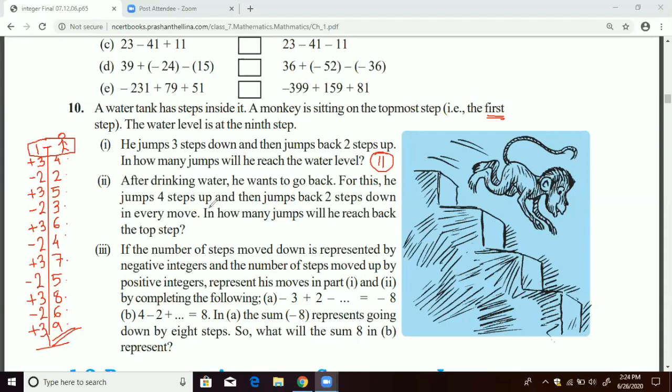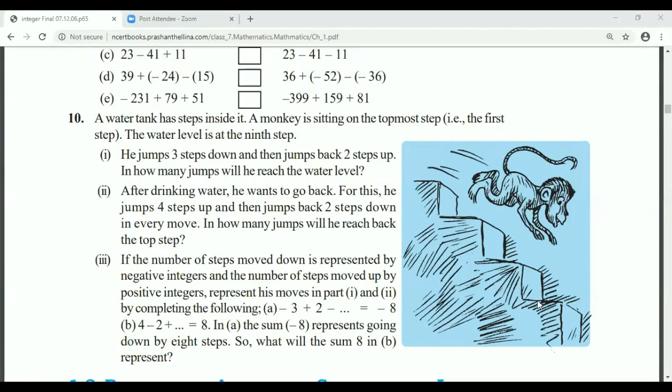This is a new fashion. The monkey is going back. So now he drinks the water, then he goes back. He jumps 4 steps up, then jumps 2 steps down. Now we can think how he is going back. I shall draw the same thing here.